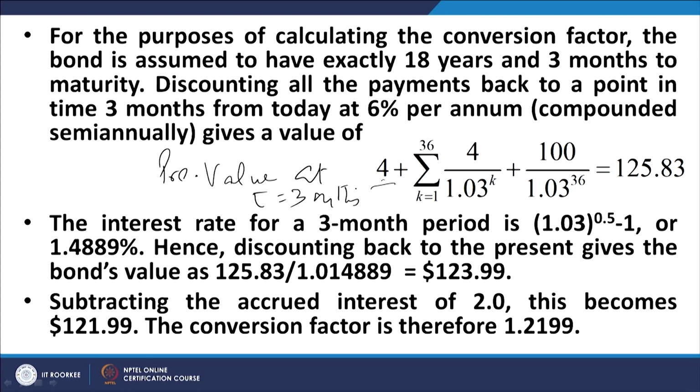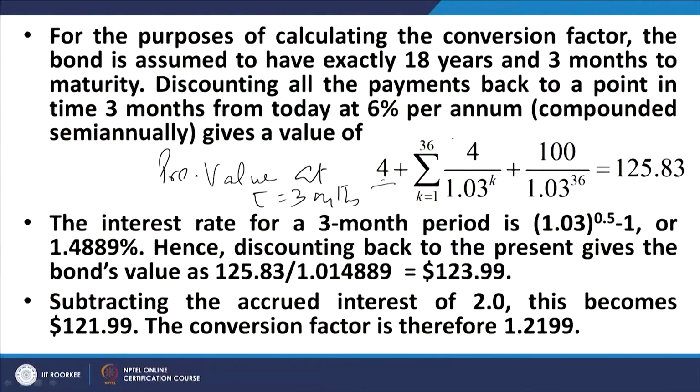Therefore, the first coupon arising at t equal to 3 months will not be discounted, it is arising at t equal to 0 with respect to this. So, it will not be discounted, and then we have 36 coupons spread over the remaining 18 years, and we have the present value of this discounted at the rate of 6% per annum, 3% for the semi-annual period, and this is the present value of the principal.